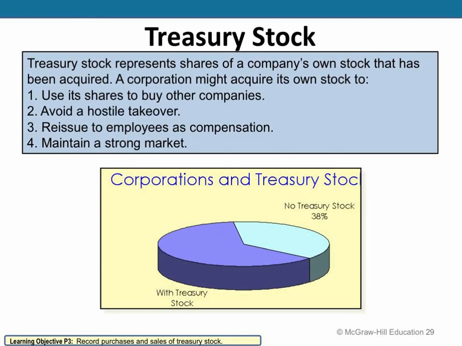And then the fourth reason listed here is to maintain a strong market. This has to do with providing cash back to our shareholders. One way to do it is through cash dividends. Another way is through stock buybacks, where we may say that we've got a certain amount that we're going to go into the market and purchase shares with.